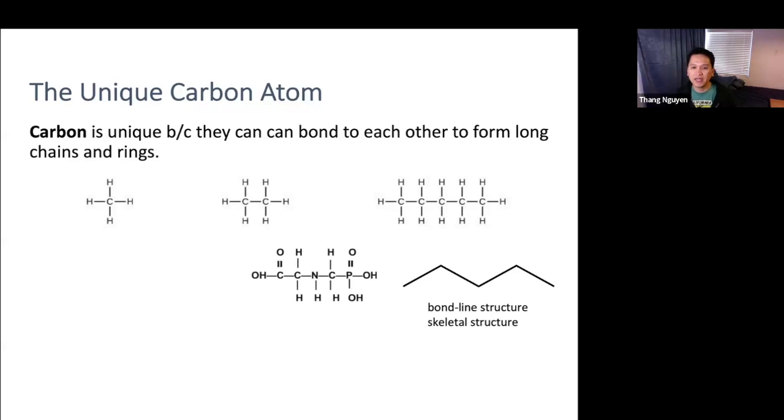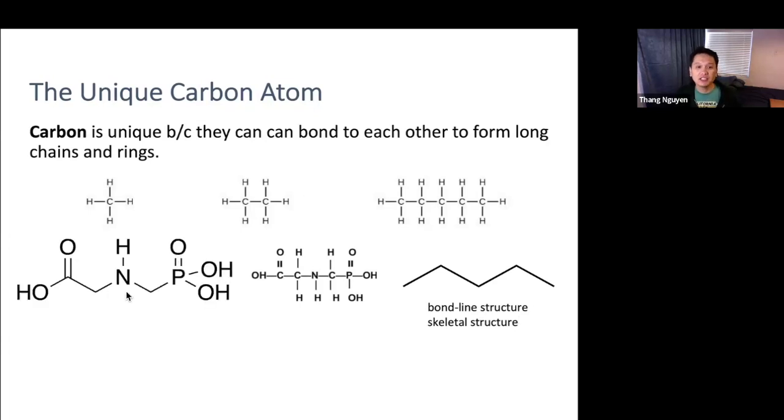So let's go back to this glyphosate molecule we had in the beginning of our discussion. So how would you draw this using the bond line structure? Okay, so it's a little bit different because now we have other things like oxygens and nitrogens and phosphorus, right?